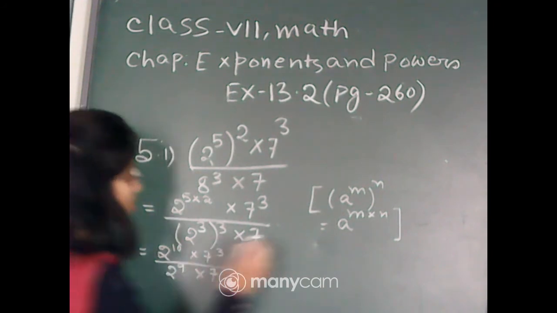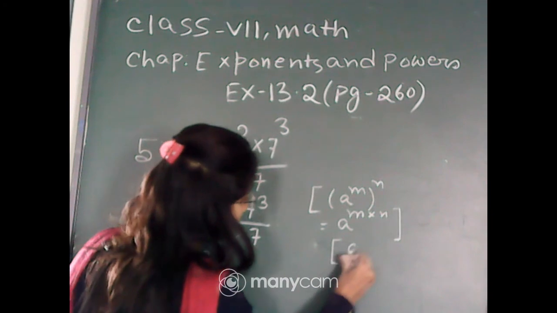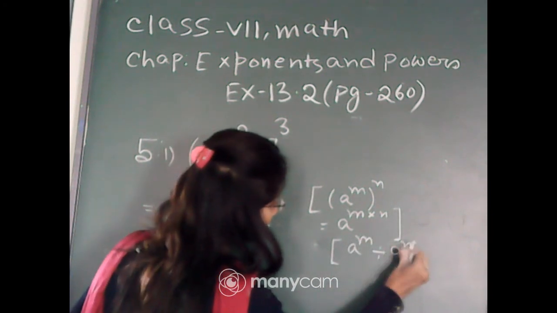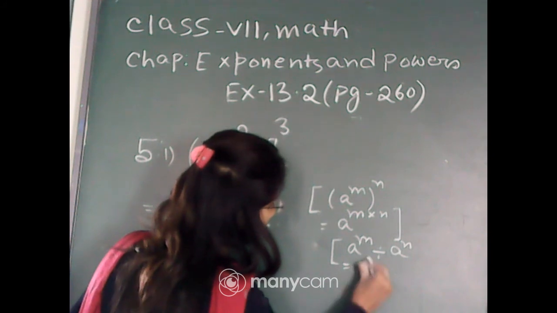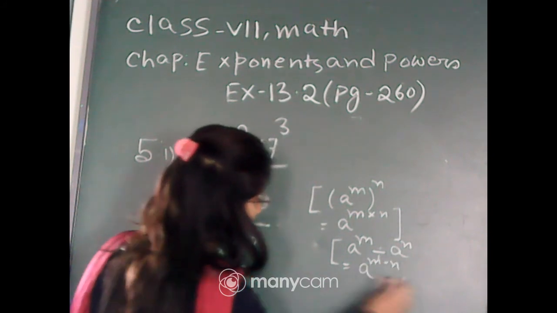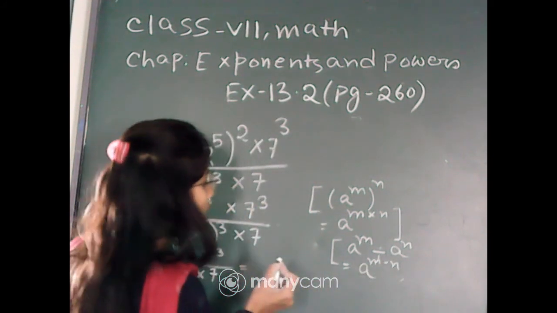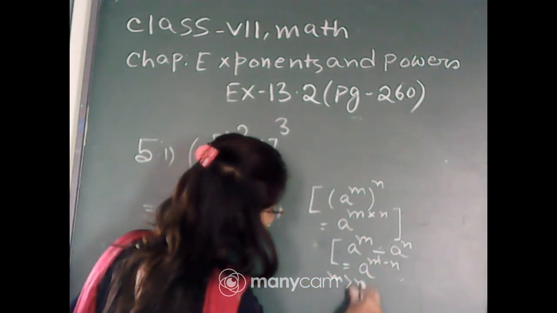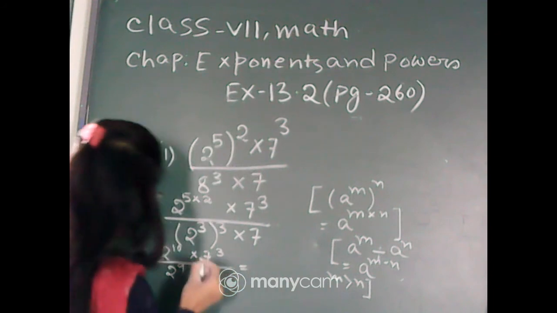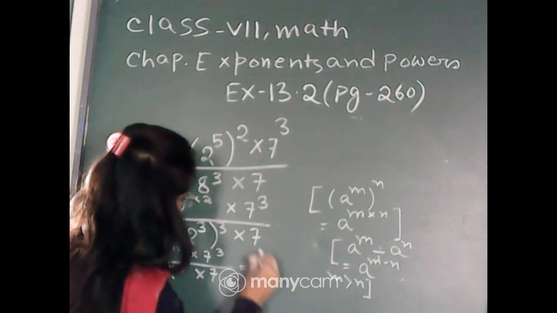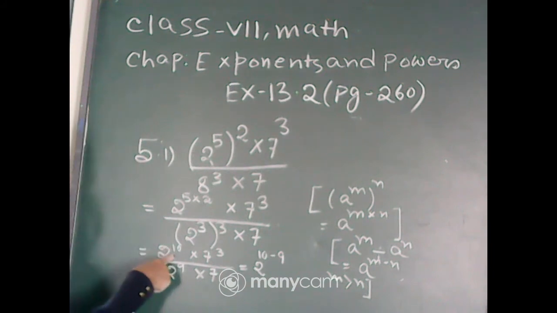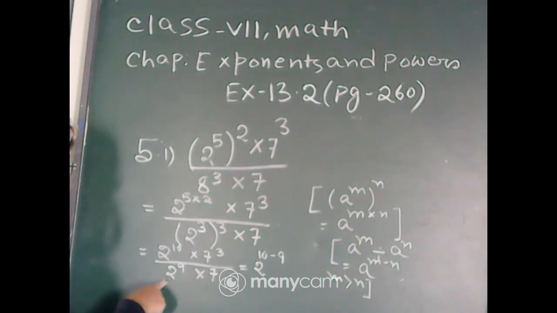Now, we use the law a to the power m divided by a to the power n is equal to a to the power m minus n, where a is a non-zero integer, m, n are whole numbers and m greater than n. So, therefore, this is equal to 2 to the power 10 minus 9, because here the power of 2 is 10 and here the power of 2 is 9.